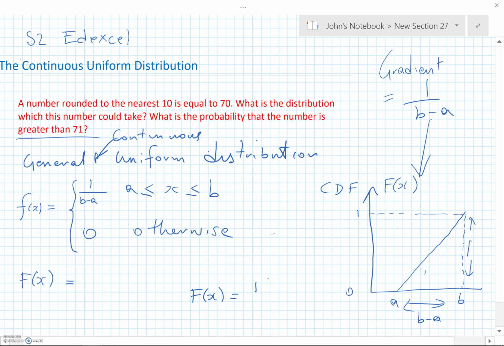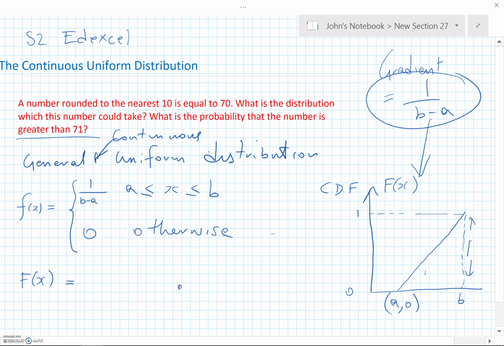We're effectively using y minus y1 equals m(x minus x1). Let's start this again, perhaps I'm rushing it a bit too much. We've got a point here which is (a, 0), and we've got a gradient here which is 1 over b minus a.